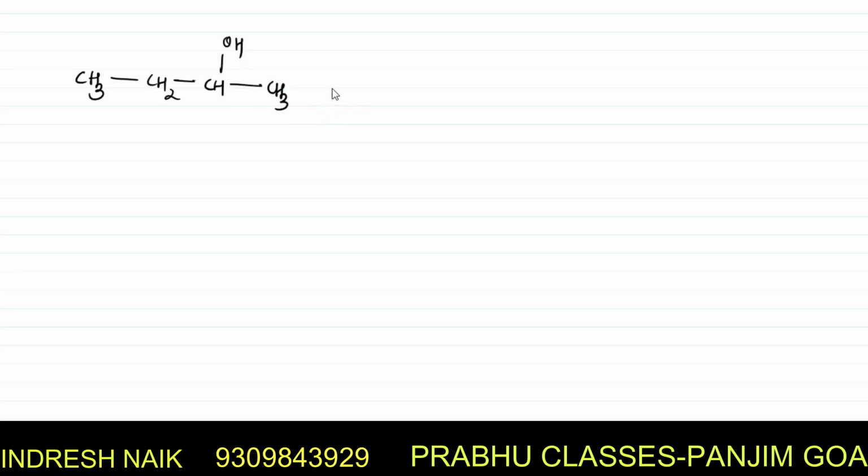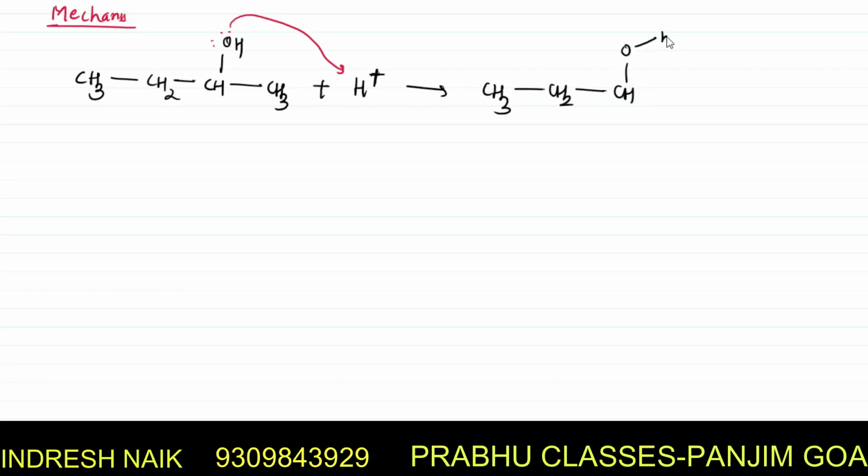Let's understand this. You add an acid to this. I'll write the mechanism directly, because only with the mechanism will we understand this. This is electron rich, and it will attack over here. That is one of the steps we did in Lucas reagent, protonation of the alcohol. CH3, CH2, CH changes to OH, H and the positive charge.